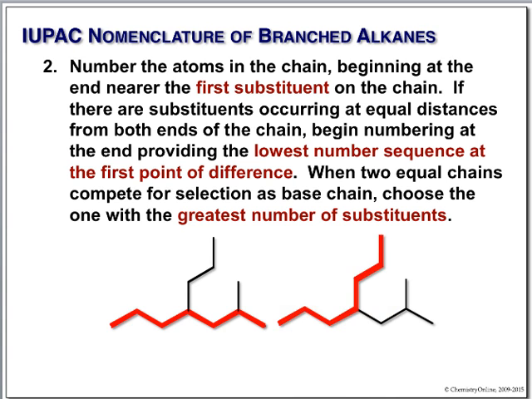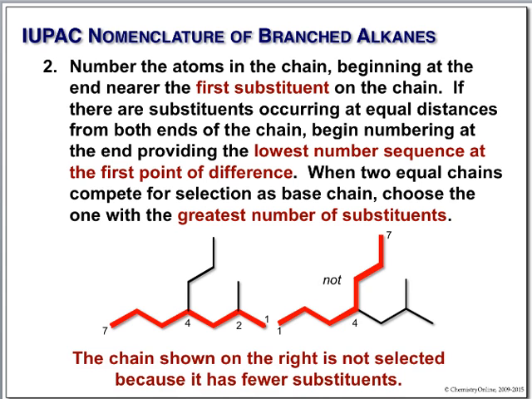All right, so which of these are we going to choose as our parent? Remember, we want the greatest number of substituents. So we're going to choose this as our parent, not this guy. This has 2 branches. This only has 1.